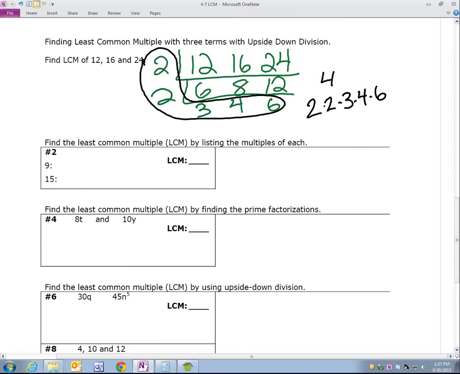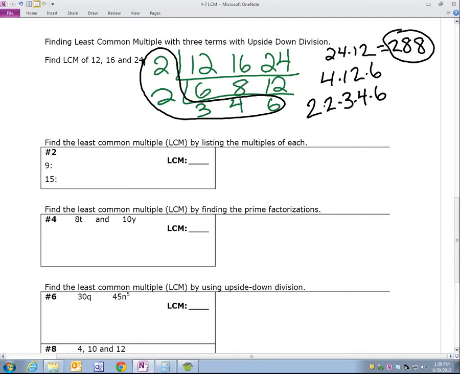So it's going to be 4 times 12 times 6, which is going to be 24 times 12. 24 times 10 is 240 plus 48. 288.